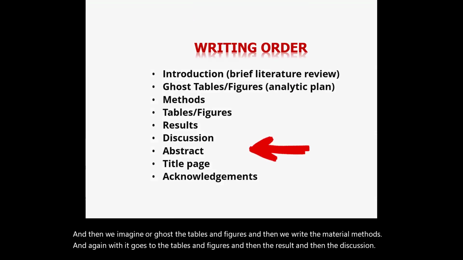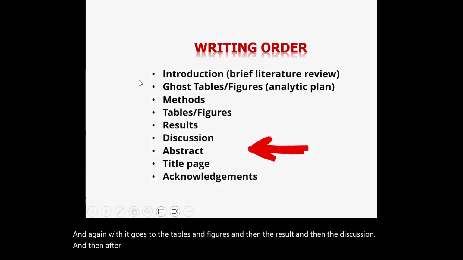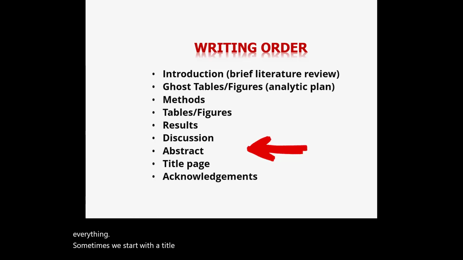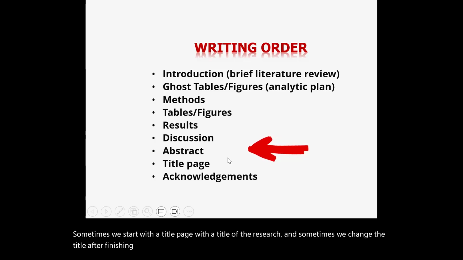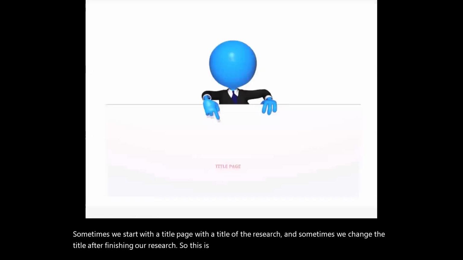And then after that, the abstract. The abstract can be written at the end of finishing everything. Sometimes we start with the title page, with the title of the research, and sometimes we change the title after finishing our research. So this is up to you when you are doing your research.